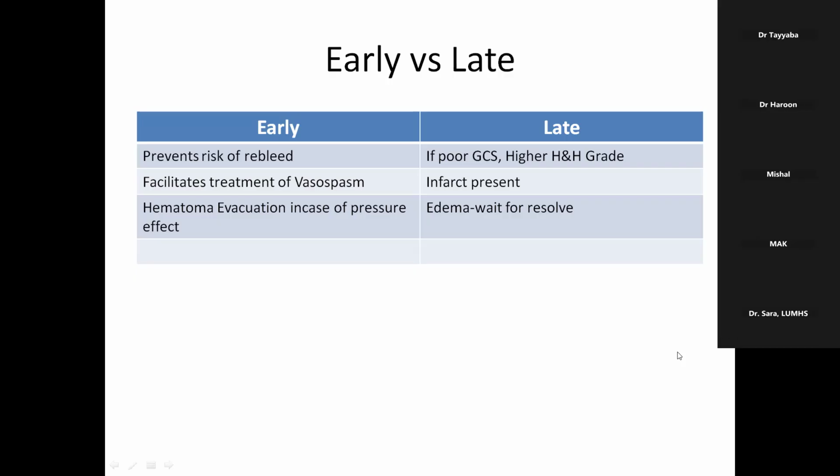Anyone want to volunteer for it? Dr. Michelle, Dr. Tayyiba?